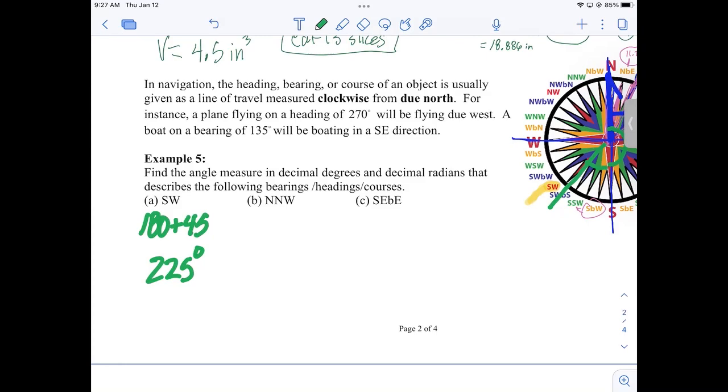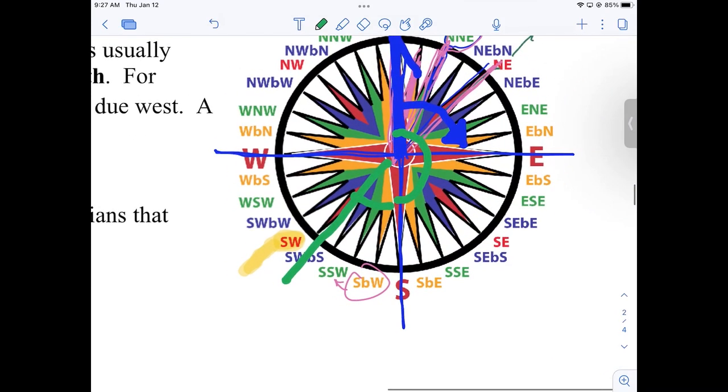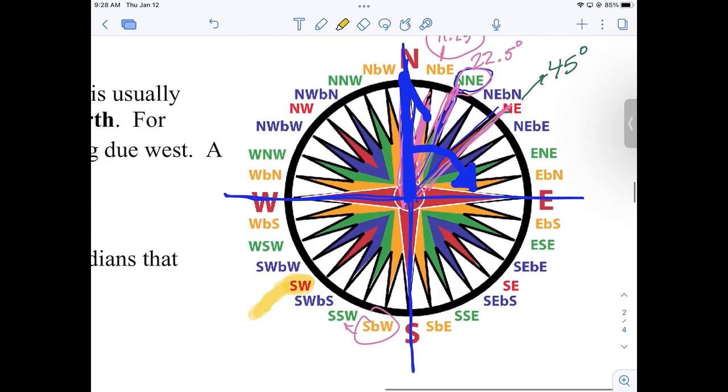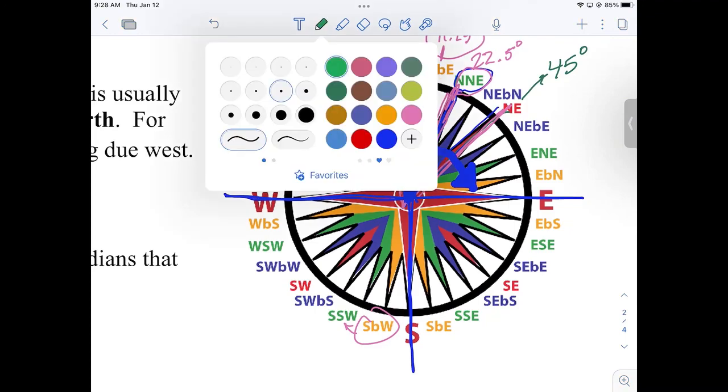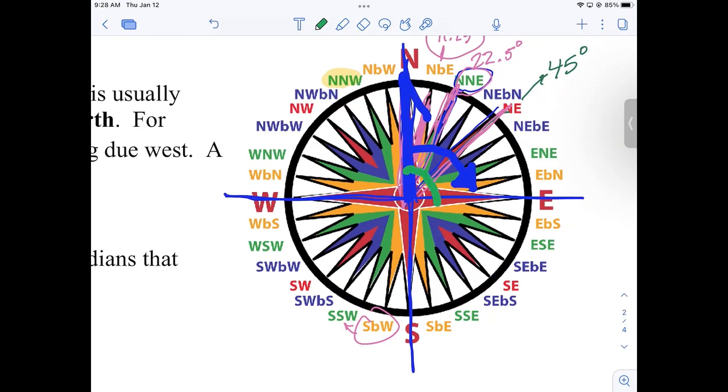All right, north-northwest. Let's see. We've got to find north-northwest. Okay, that's over here. So there's a couple of ways to do this one. You could say, normally I'm going to travel all the way around to here, which is 270, plus how much?